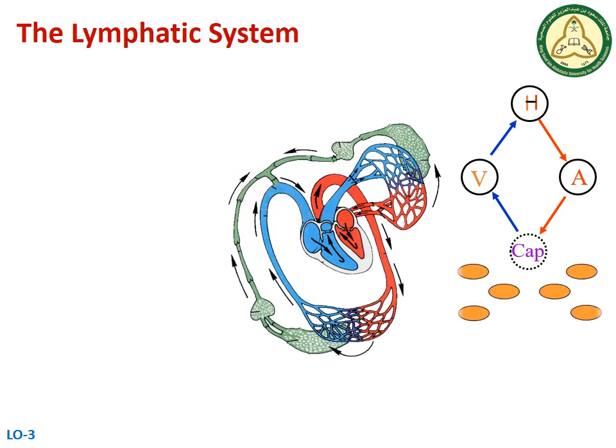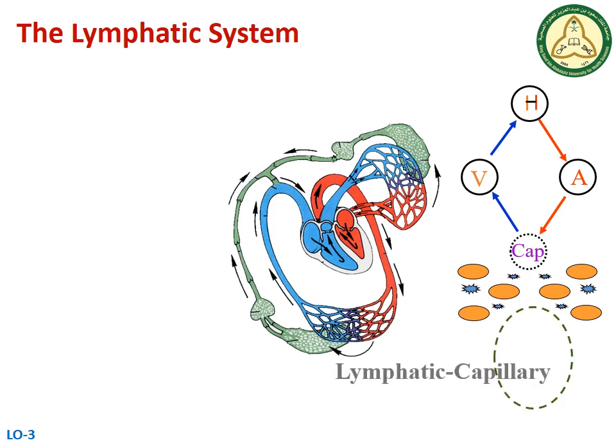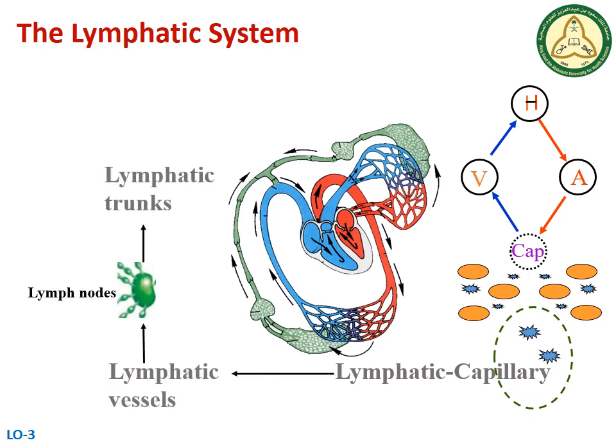Now here we have different lymphatic capillaries, and then from the capillaries lymphatic vessels, and from the lymphatic vessels afferent, this is the afferent lymphatic vessel going to the lymph node, and the exiting ones are efferent lymphatic vessels.